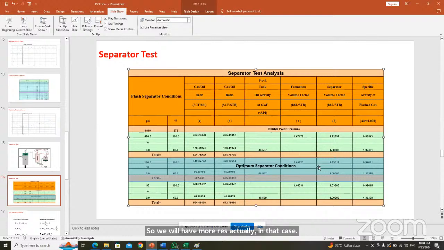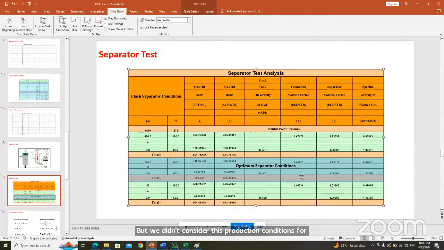That's the first thing. The second thing is we didn't consider these values in our PVT test. So we had the CCE and the differential test. We estimated the formation volume factor and the GOR, but we didn't consider these production conditions in our test.